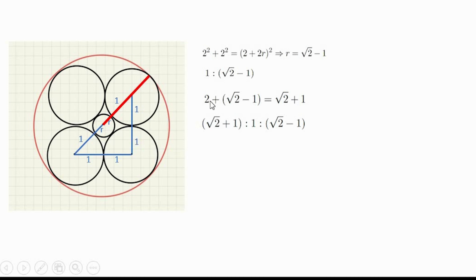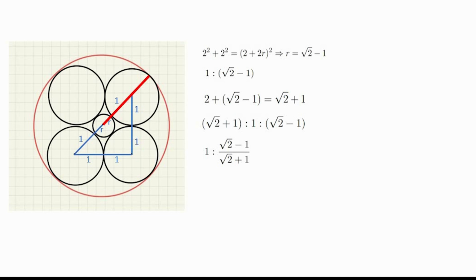So we have a ratio between the big circle, the medium circle as the 1, and the smallest circle. But now we want to focus on the biggest one and the smallest one, and find the ratio between the two of them. If we divide both sides by square root of 2 plus 1, we're going to get 1 compared to square root of 2 minus 1 divided by square root of 2 plus 1.